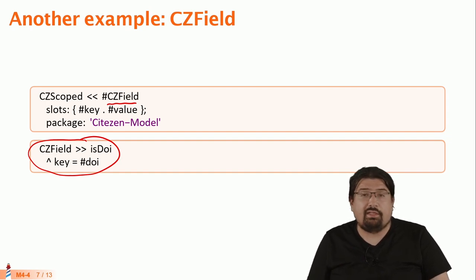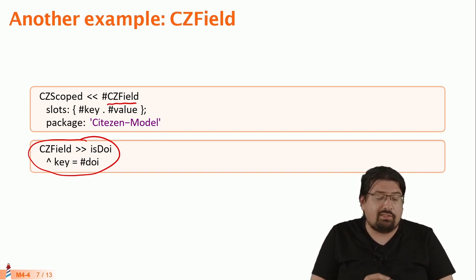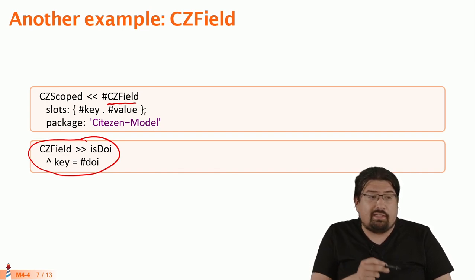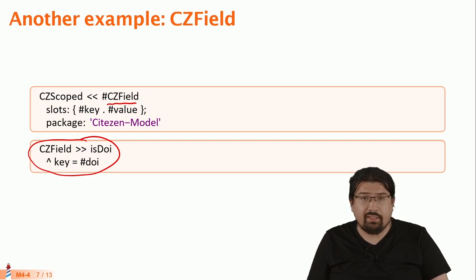For example, if it's the DOI of the document, the DOI is a unique international code given for each document in the academic world. Could be isDOI, or isTitle, or isURL, or whatever. We are going to have many of them.